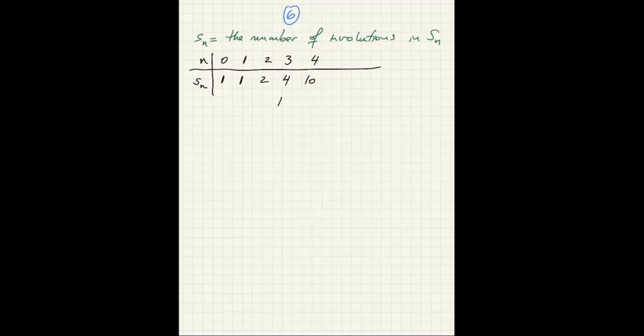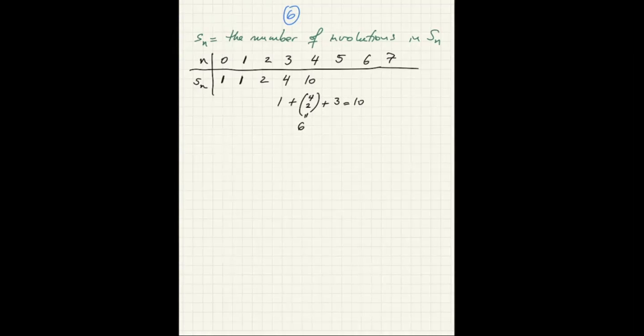So 1 identity plus the transpositions will be 4 choose 2, and that's 6. And plus there will be 3 others that are products of 2 disjoint transpositions, and you get 10. But what happens with 5, 6, and so on?